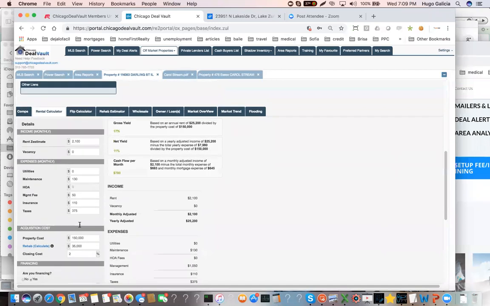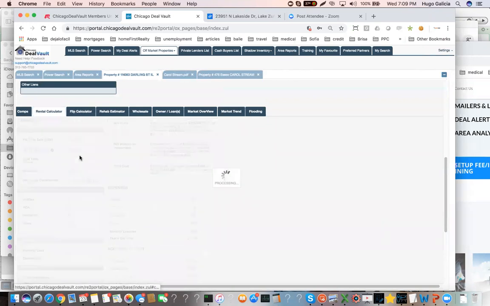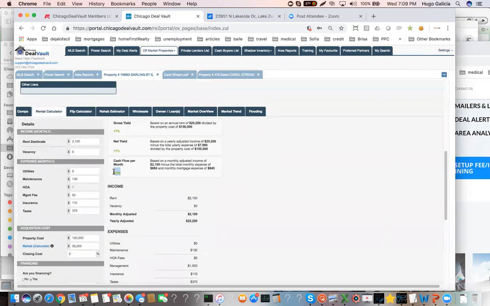If you can get these for less than 180,000, it's an awesome deal. You're going to be able to do just about anything with this property. You can wholesale the property, you can buy and hold. What we would do is buy and hold because of the cash flow, right? The tenant would be paying for the property, and then you're going to be pocketing about 800.